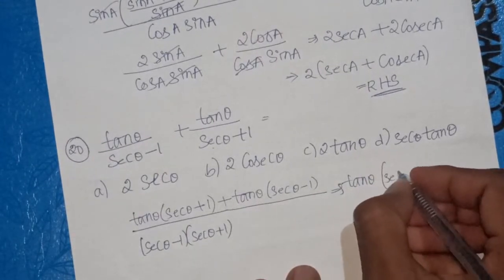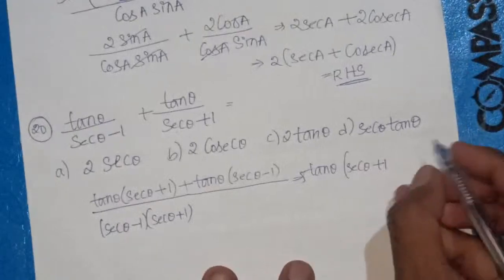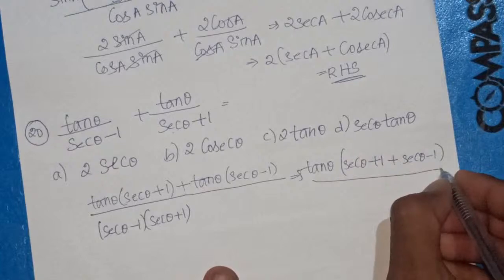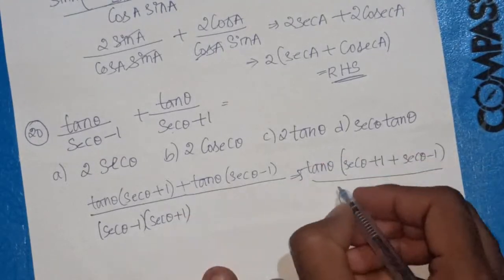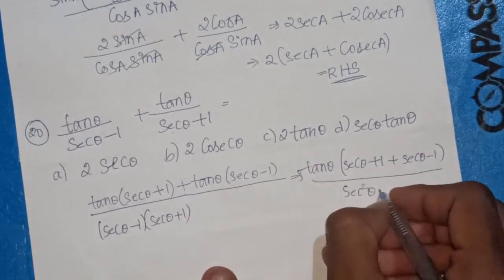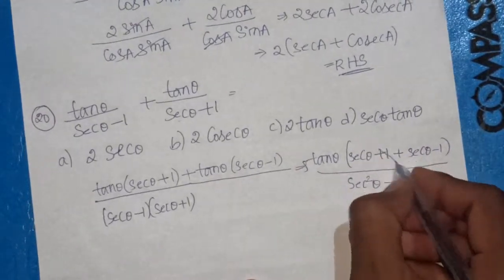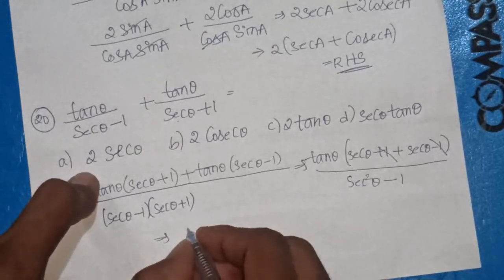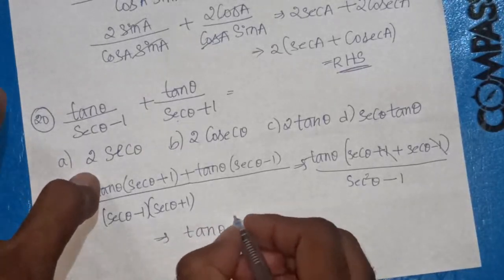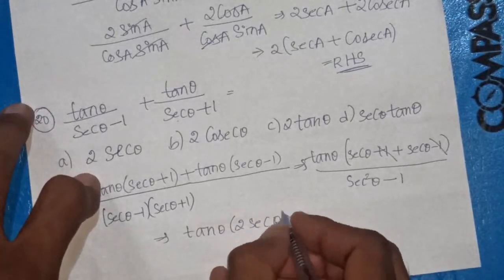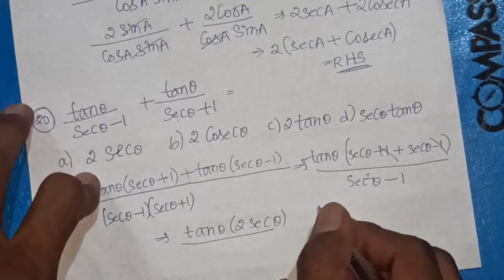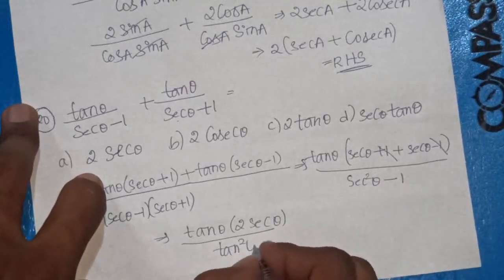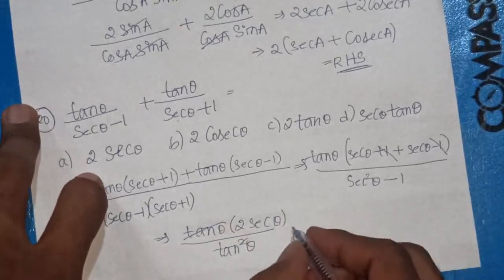We are left with secant theta plus 1 plus secant theta minus 1. In the denominator, we can take it as (a minus b) into (a plus b). Therefore, secant square theta minus 1, and plus 1 and minus 1 can be cancelled in the numerator. We are left with tan theta into 2 secant theta divided by secant square theta minus 1, which can be written as tan square theta. One tan and here tan can be cancelled out.